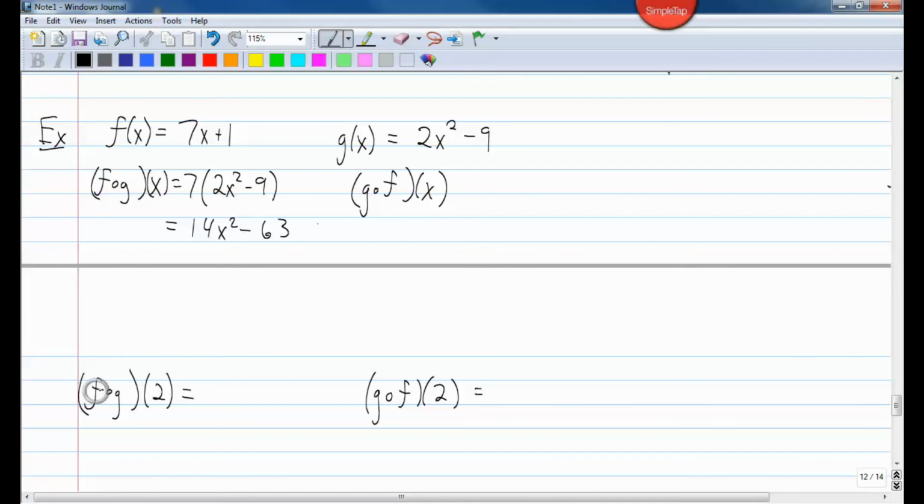Now to find f of g of 2, I plug a 2 in for my x. I would plug it in the answer right here I got. Alright, so use your calculator. It's 14 times 2 squared, or 14 times 4, minus 63. Alright, I got negative 7.